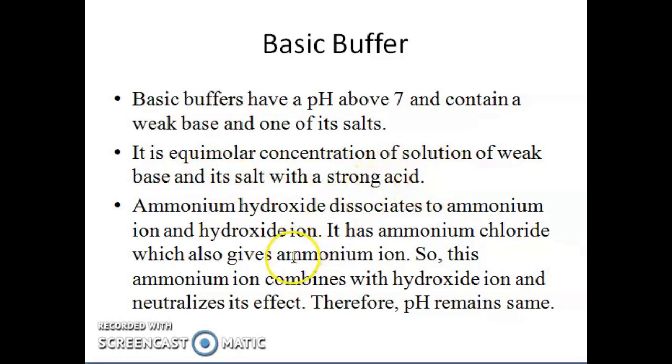For example, ammonium hydroxide dissociates to ammonium ion and hydroxide ion, and ammonium chloride also gives ammonium ion. This ammonium ion combines with hydroxide ion and neutralizes its effect, so the pH remains the same.